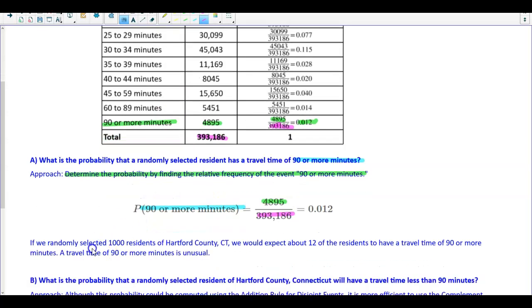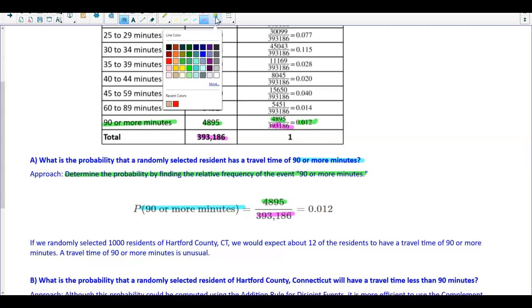Now, if we randomly selected 1,000 residents of Hartford County, Connecticut, we would expect about 12 of the residents to have a travel time of 90 or more minutes. A travel time of 90 or more minutes is unusual.